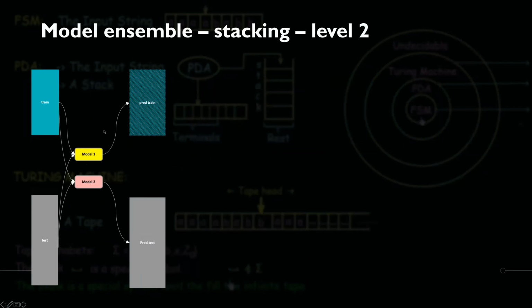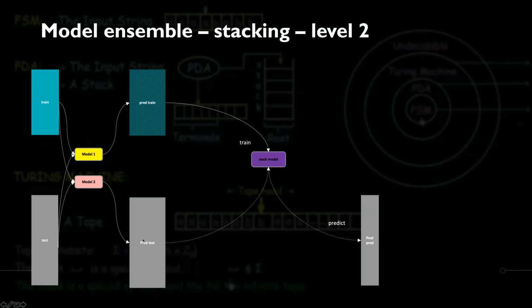So now we have the pre-train and the pre-test. What we need to do is train another supervised model, and then make predictions on the pre-test, and then we end up with our final predictions. For the example, we use two models for demonstration purposes. But you can easily imagine, it wouldn't take too much trouble to add many models in between.